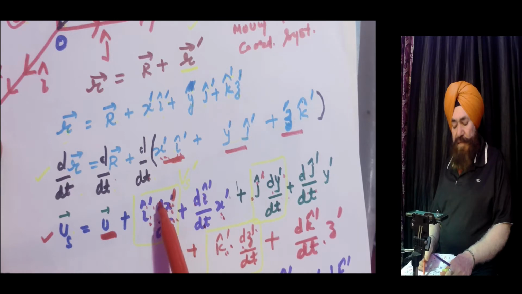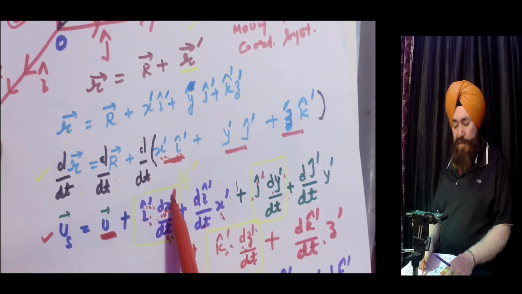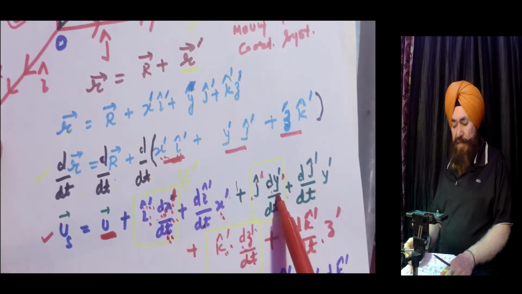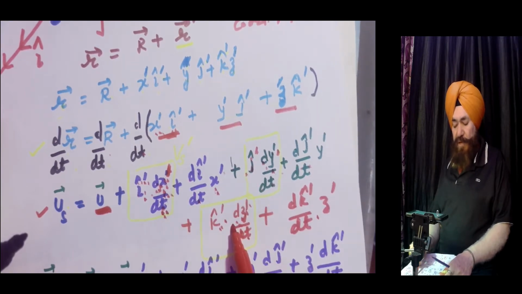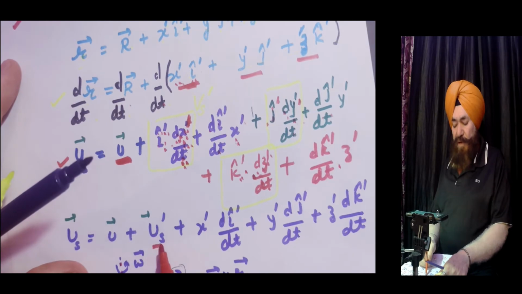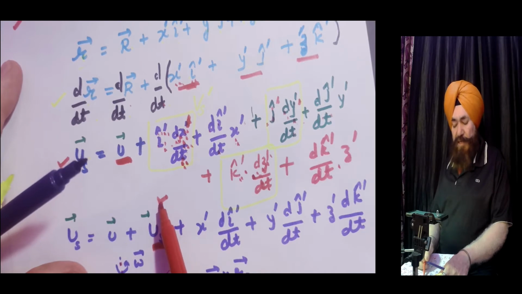I mean it is velocity in the rotating frame. Combining these three terms, dx dash over dt, dy dash over dt, dz dash over dt, it becomes the velocity in the dash frame.